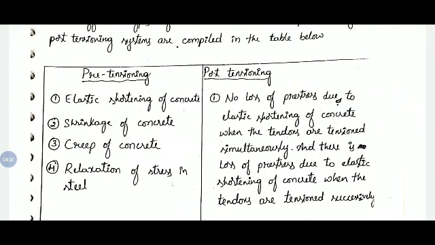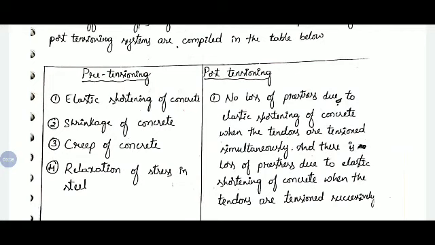So in that case, some improper bonding will be there, and because of that there will be a slight loss of stress in the tendon, that is elastic shortening of concrete.